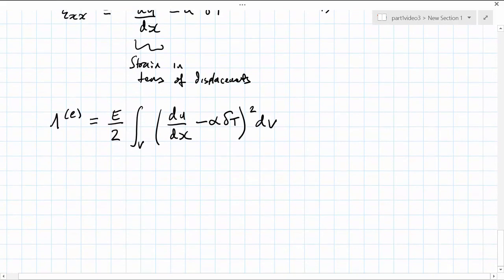We can then expand this expression out to get the following: E over 2 times the volume integral of one of our strain measures squared and the other terms.